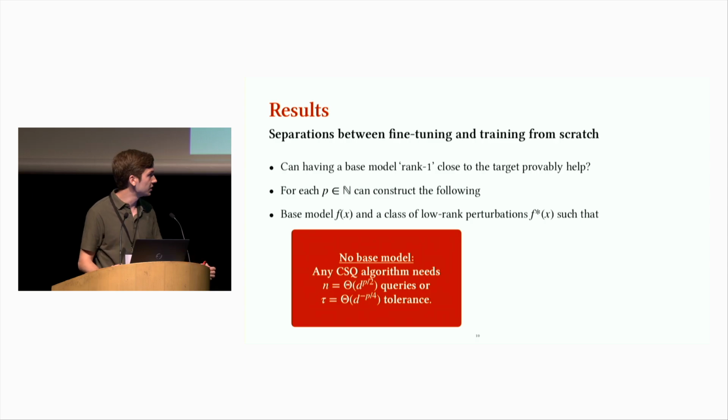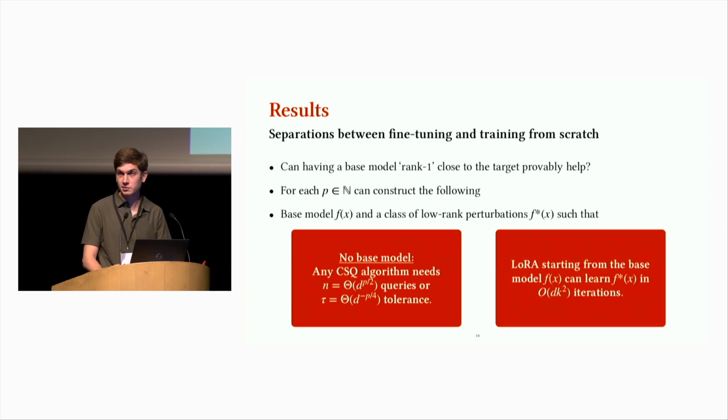In particular, you need this exponential dependence on p. If you have the base model, then you can do online stochastic gradient descent, which is still a CSQ algorithm, but we have the base model now, and you can learn in order dk squared iterations. In fact, this could be generalized to general statistical query algorithms using some recent results.